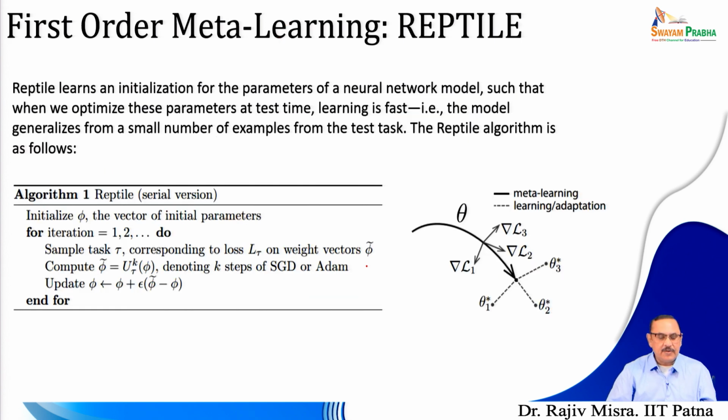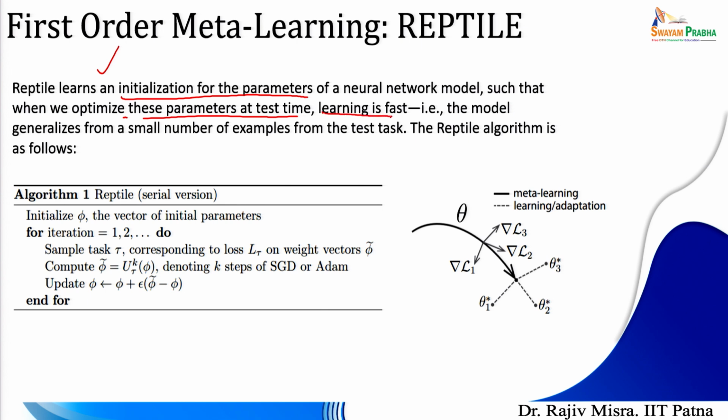Let us see this particular method, that is the first order meta learning algorithm, in great detail. This first order meta learning learns an initialization for the parameters of a neural network, such that when we optimize these parameters at test time, the learning is fast. That is, the model generalizes from a small number of examples from the test tasks. This particular first order meta learning is given as follows.